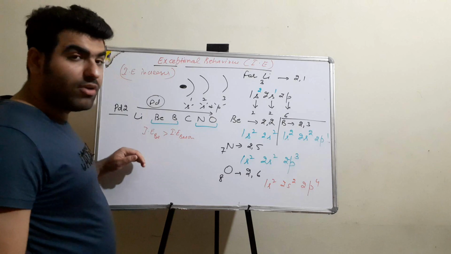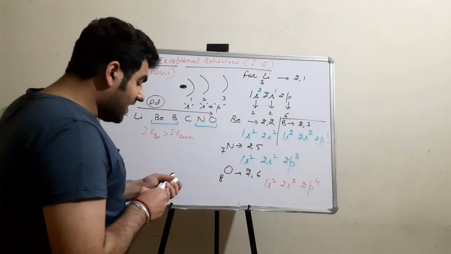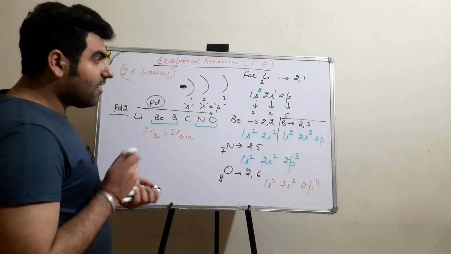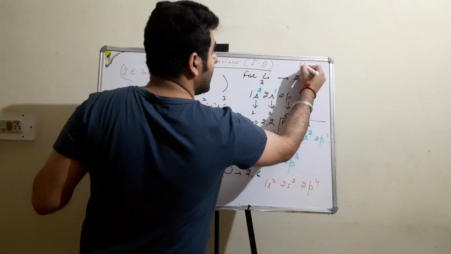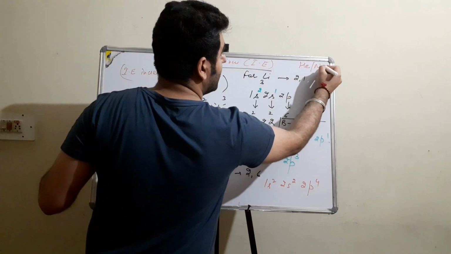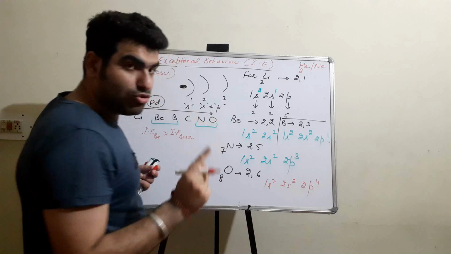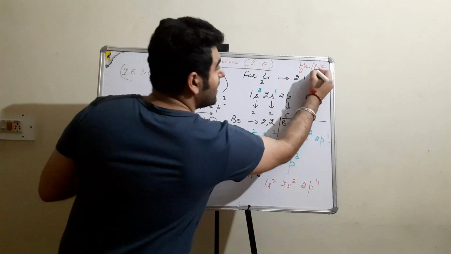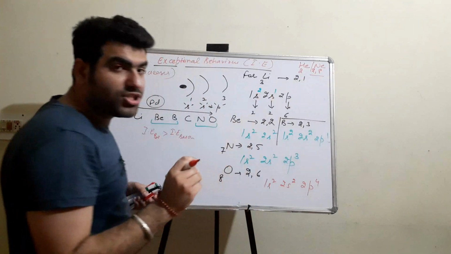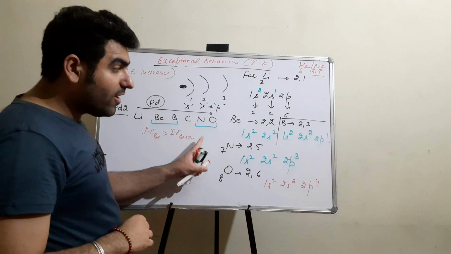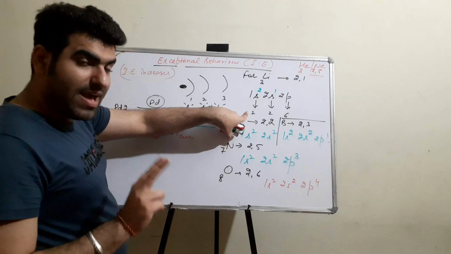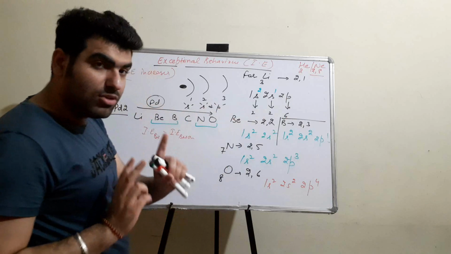Now why is this going to happen? See, for helium or for neon, the electronic configuration is 2 for a fully filled shell, and 2, 8, both shells fully filled. Here s can hold 2 maximum and p can hold 6.